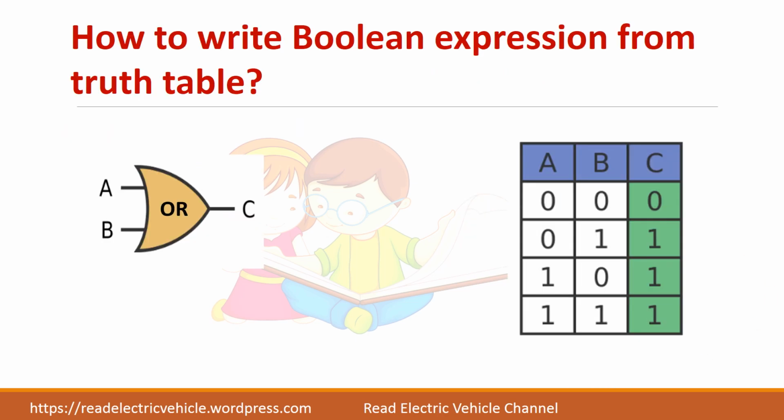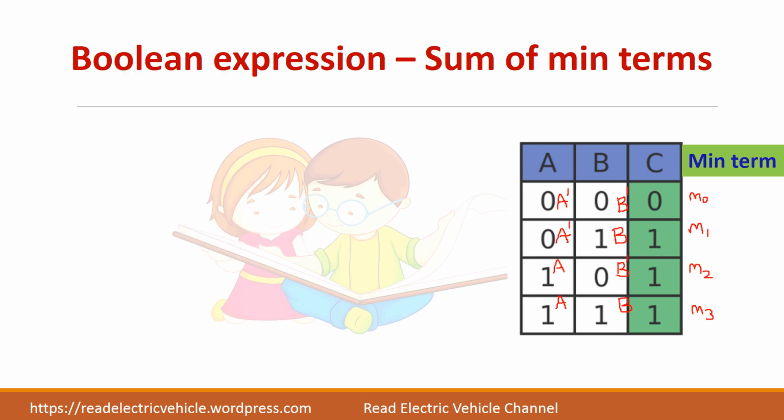Now let us see how to write the Boolean expression from a truth table. So we know this is the OR gate and its truth table. But we always write C is equal to A plus B. How do you get this expression from this truth table? So we can use the minterms and derive this expression.